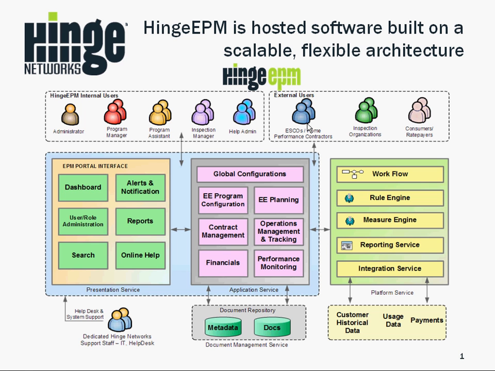Some examples include a measures engine that enables administrators to manage measures centrally and then associate them with whatever number of programs they are a part of. We have a document repository, which not only stores Word documents, but also Excel worksheets that are linked to data in Hinge EPM.